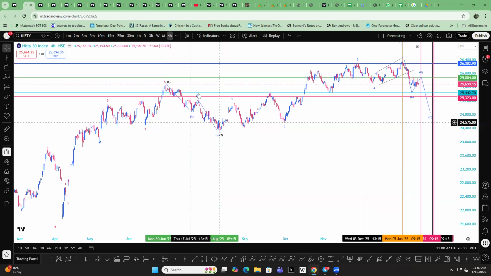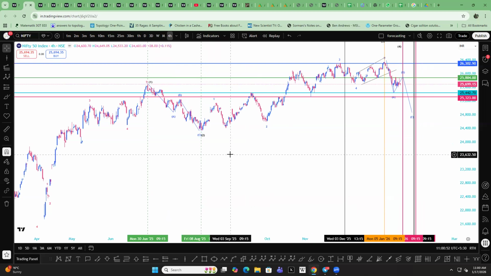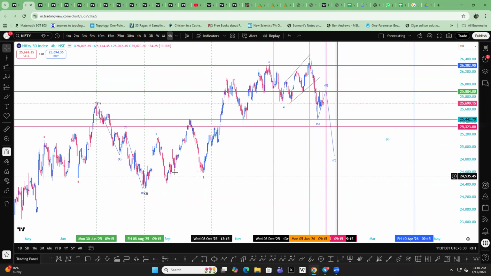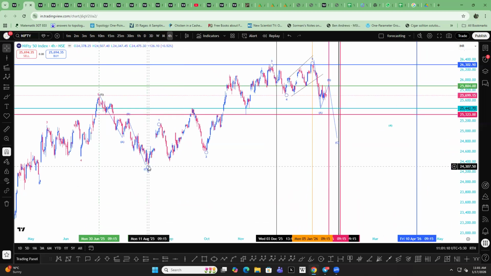Then an ABC correction was inevitable, and after that we started an impulsive move again, which you can mark as 1, 2, 1, A, B, C, 2. So keep it in mind that from here we have started wave 3.